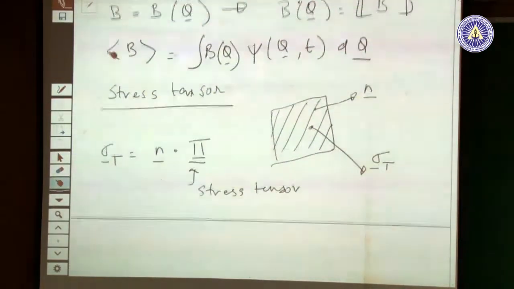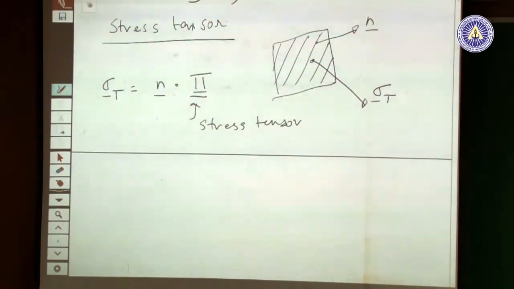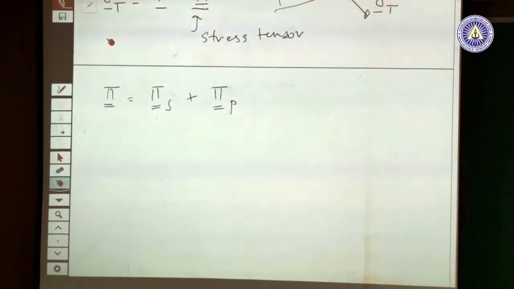So for polymer solutions, we are going to write that the total stress is a sum of two stresses, one coming from the solvent and another coming from the polymer. Now what is the basis for this? There is none.